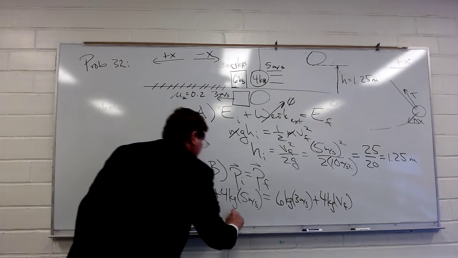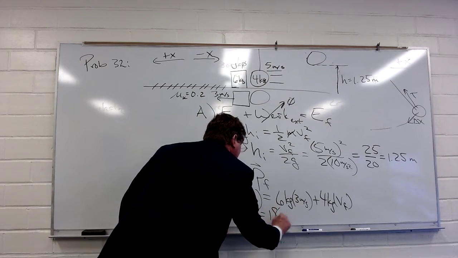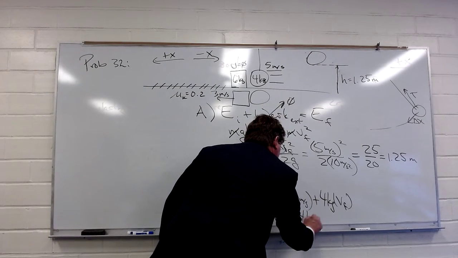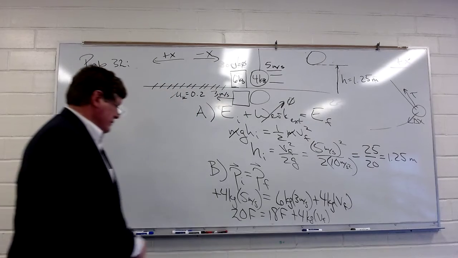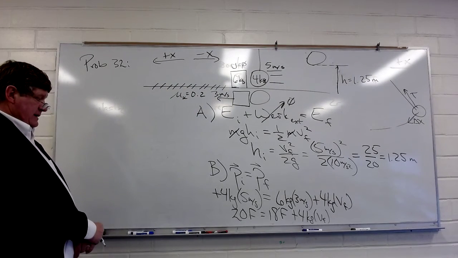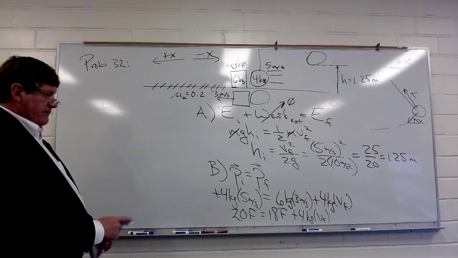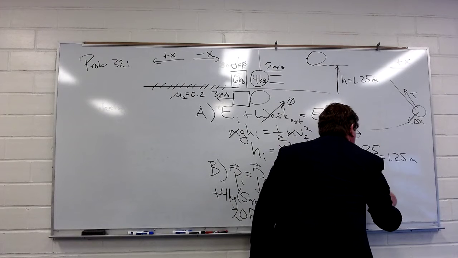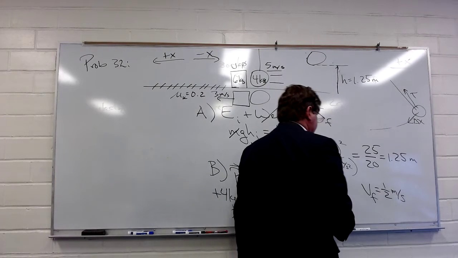Well, that tells me that 20 is equal to 18 plus 4 kilograms V final. Now that's just algebra. If I subtract 18 from both sides, I get 2 on the left. I divide by 4 and I get a final velocity for the bob of 1/2 meters per second.